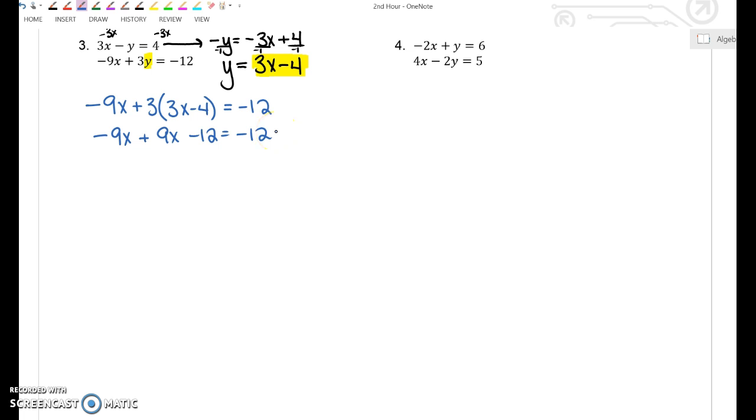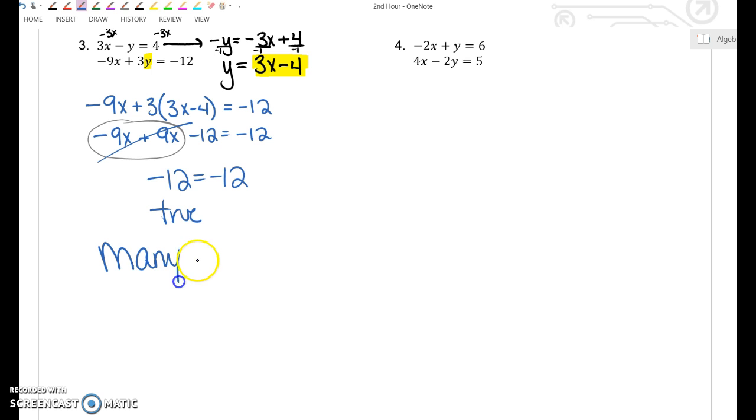What happens? Negative 9x and 9x cancel each other out, leaving us with negative 12 equals negative 12. Is that a true statement or a false statement? If all of your variables eliminate, and you're left with a true statement, that means many solutions.